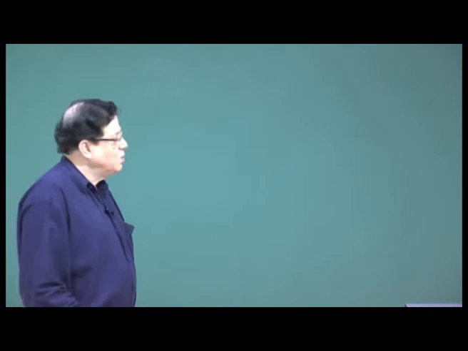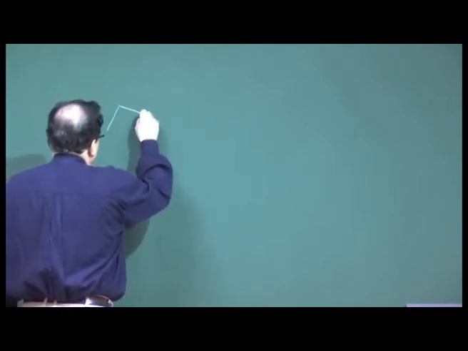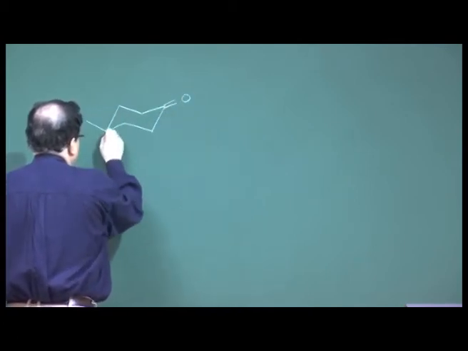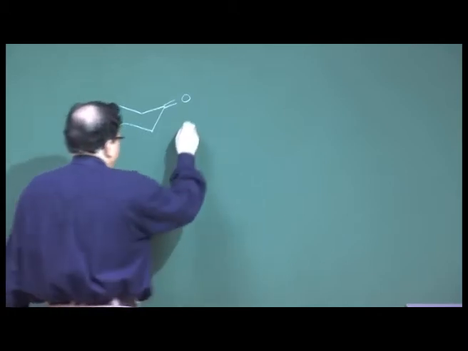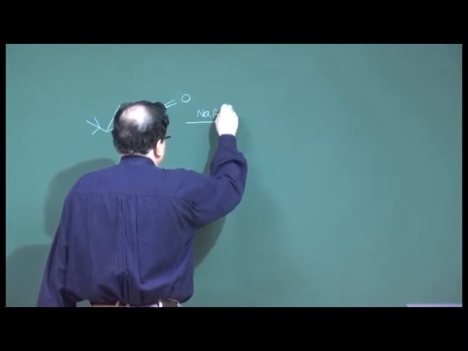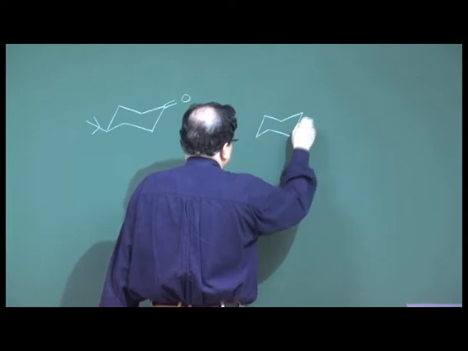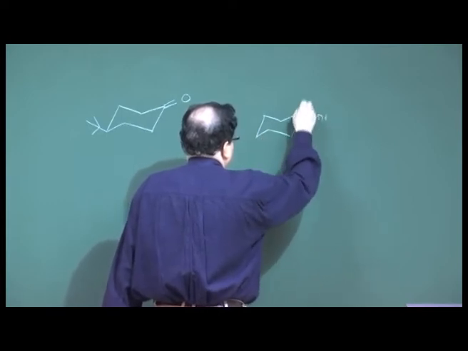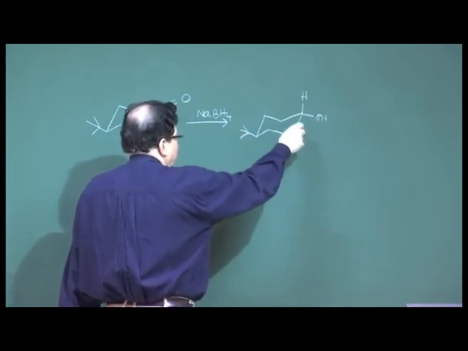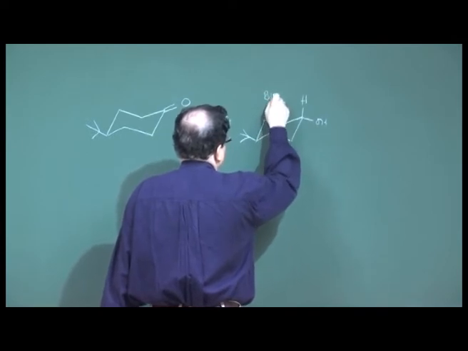Now, then we went on to the cyclohexanone system, and we gave one more model in cyclohexanone, that is the cyclic model. So, if we take tertiary butyl cyclohexanone, then what happens if we treat with sodium borohydride? The major product formed is the equatorial alcohol and not the axial alcohol. Remember, the equatorial alcohol is formed by the axial approach of the borohydride.